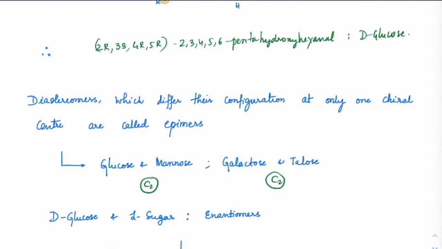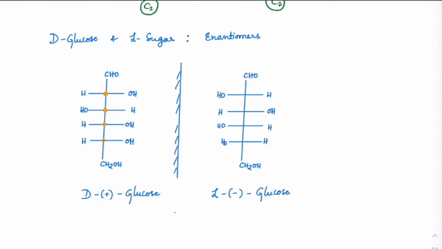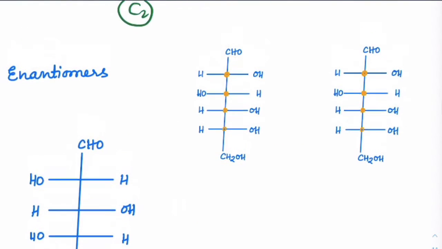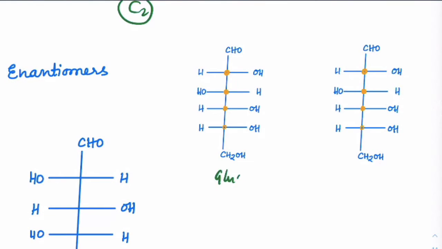Okay. Now, if you see glucose, let me write the galactose part also so that you are familiar with that. See, this is glucose. The galactose will only have a change at this position, this location. So on this location, if you have OH here and H here, this is galactose.